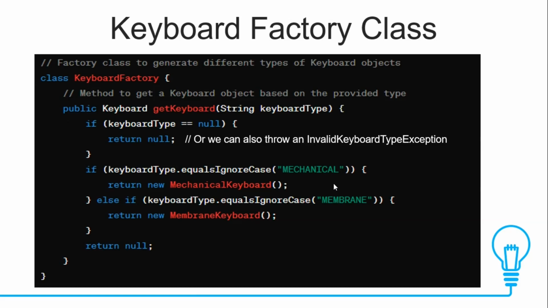If the user has not given any input, or it is null, we can also throw a customized exception like invalid keyboard type exception, because we are not supporting this type of keyboard in our factory. Or if the user has given an input which matches our products, mechanical or membrane, we will create a mechanical keyboard object or membrane keyboard object and return it.